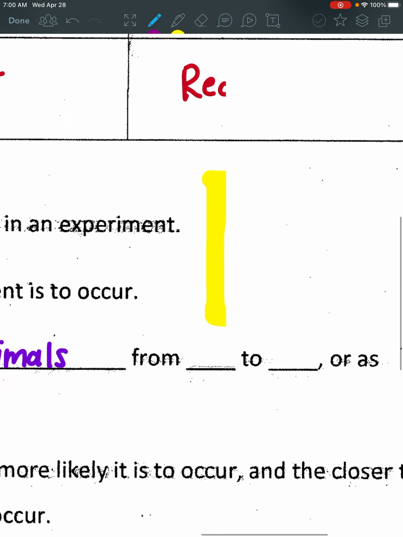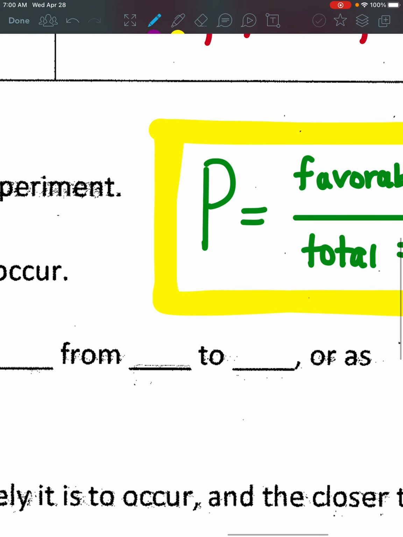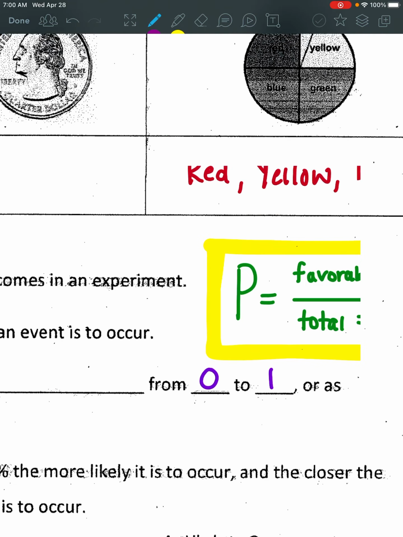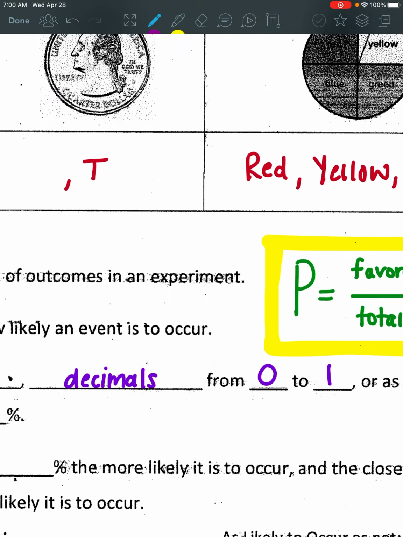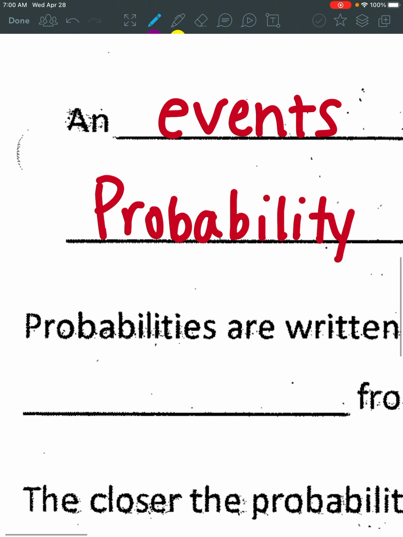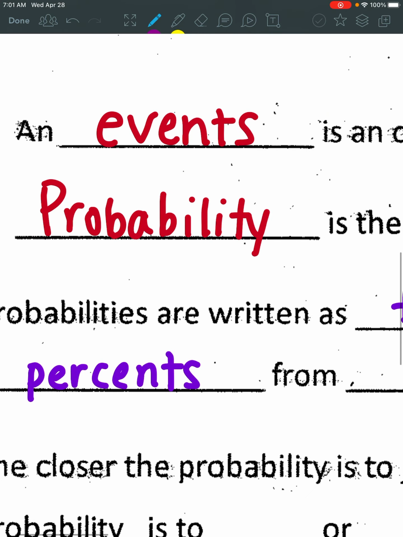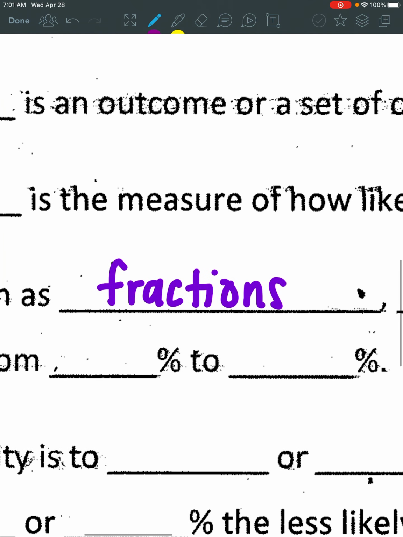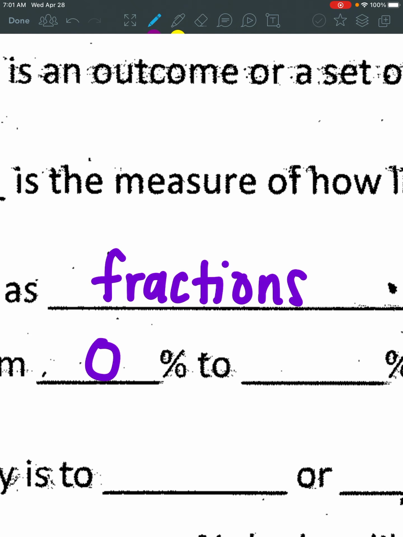The decimals are going to be anywhere from 0 to 1. So if you ever get 1 point something as a decimal from that fraction, we know we've done something wrong. And then lastly, we could take those decimals and change them to percent. So you've probably heard of a 50-50 chance, a 50% chance of something happening. So percentages will be 0 to 100%.